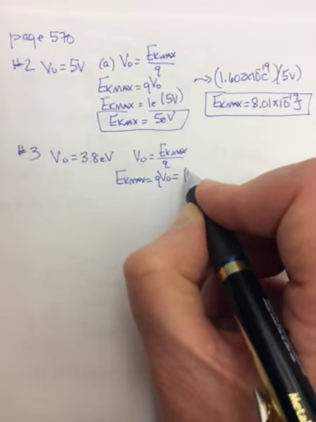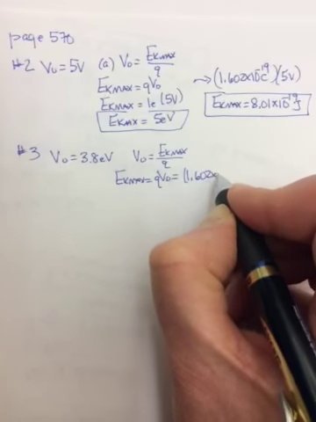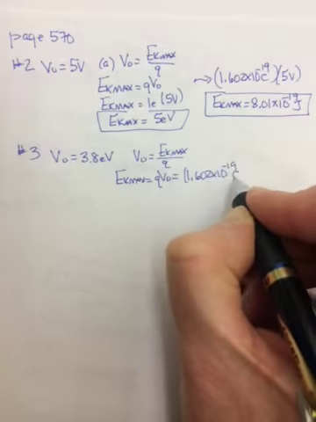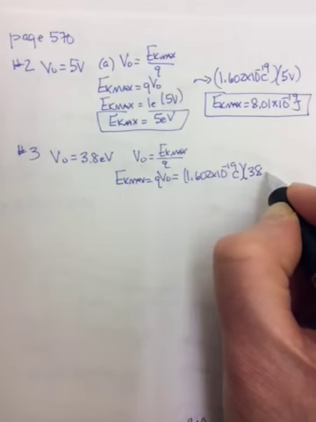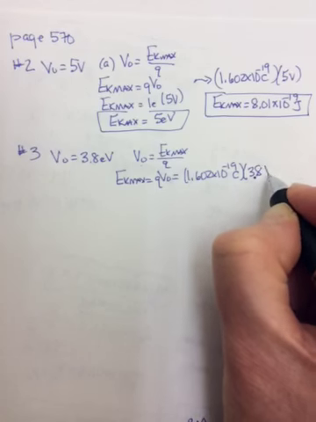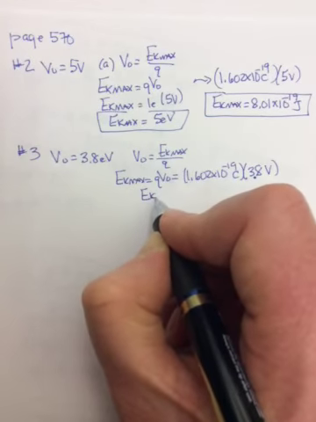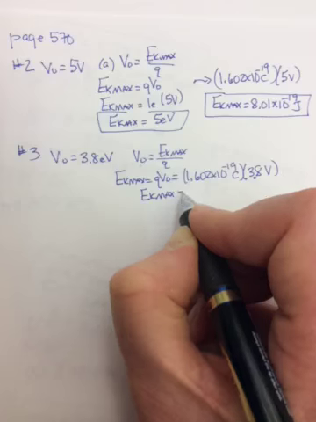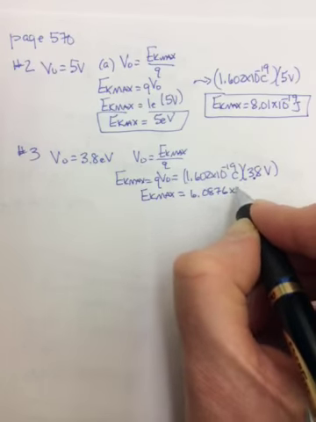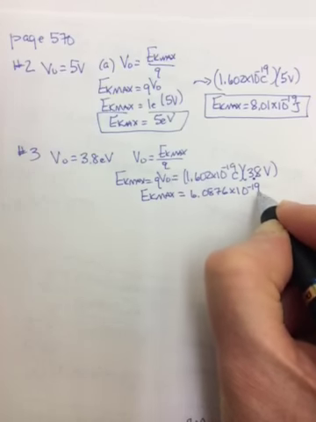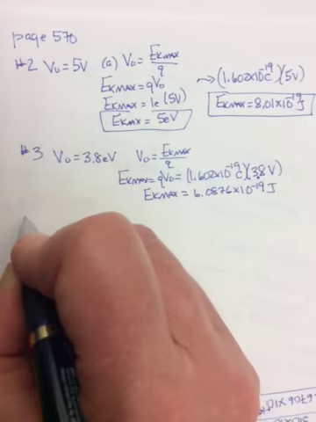We want it in joules, so you need to use 1.602 times 10 to the negative 19 coulombs times 3.8 volts. And you get an EK max of 6.0876 times 10 to the negative 19 joules.